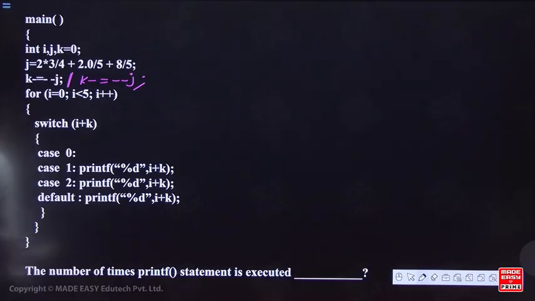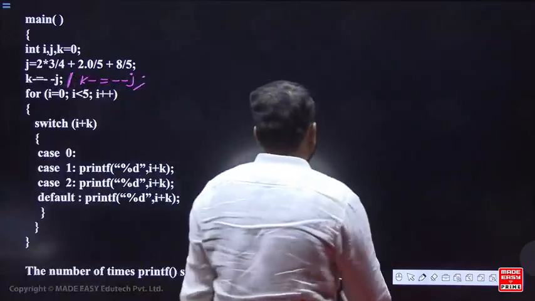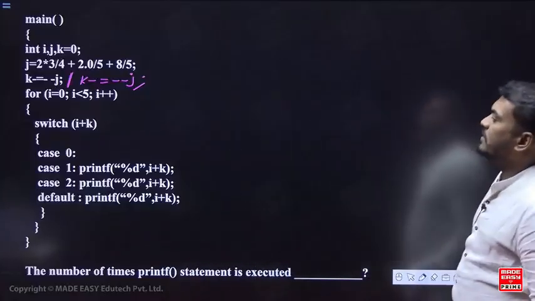Sriranga, how is it infinite? If it is infinite, then what are you going to type in the answer? That is a numerical type question. You need to type the answer. I am revealing the answer.